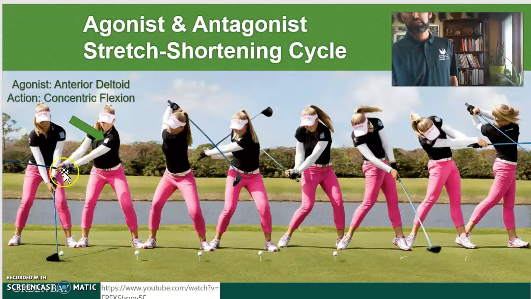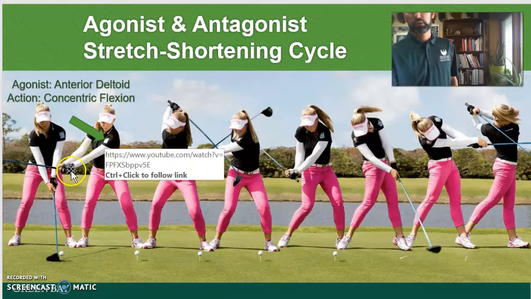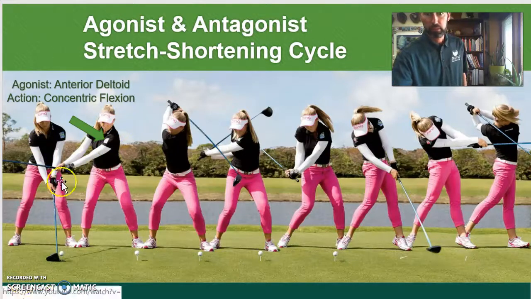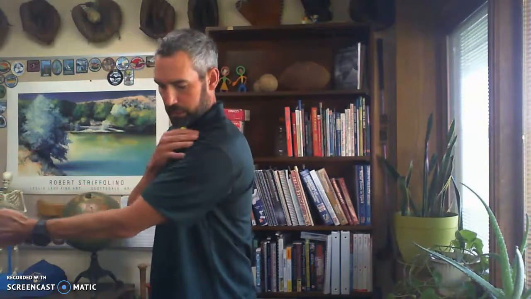So if I look at this position here, she's raising her arm. That is flexion, right? And we have some internal rotation as well, right here, with the golf swing. And that's primarily involved with my anterior deltoid, the front of my shoulder, right?